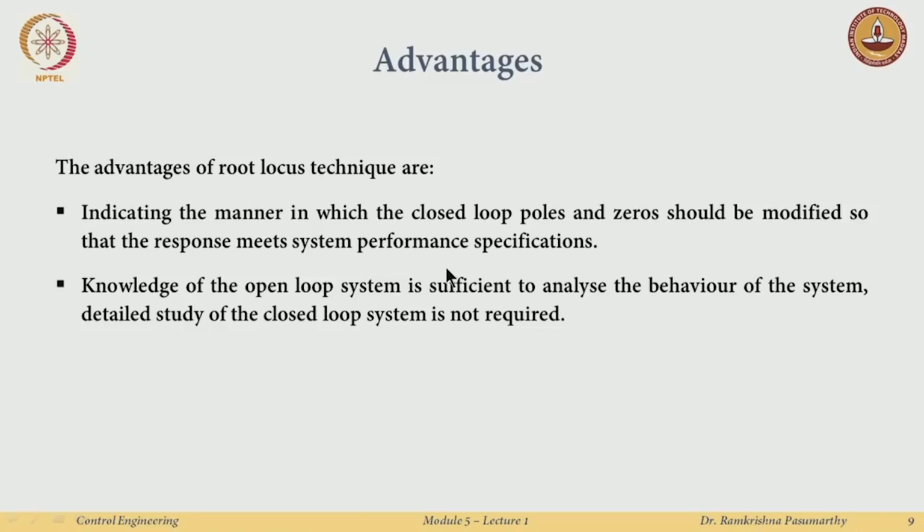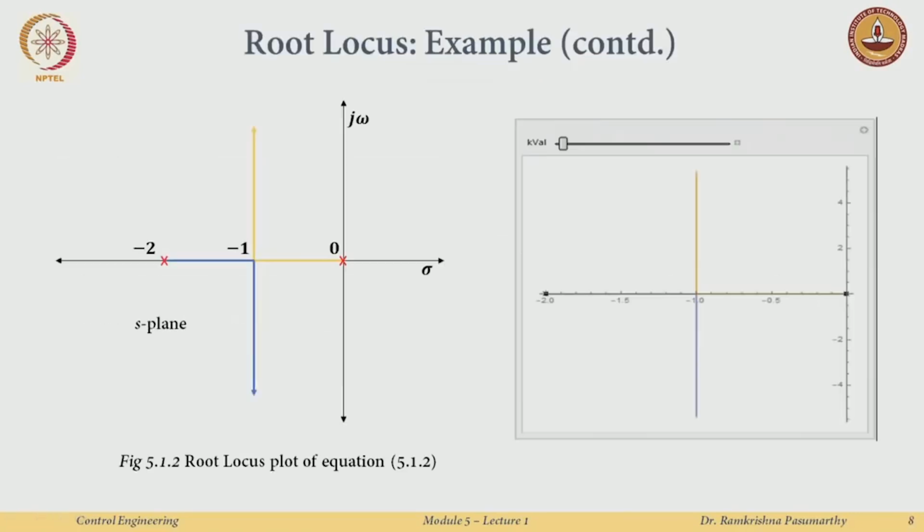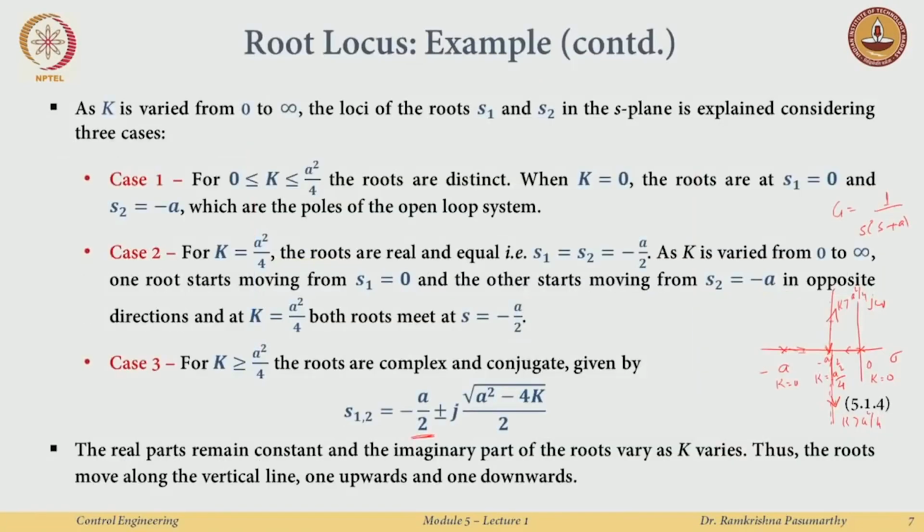So, there could be some zeta and omega n which would be satisfied by k equal to a square by 4 plus 1, then I would know exactly where the roots are, maybe somewhere here and somewhere here, and then I would exactly know what the value of k should be such that my closed loop poles satisfy some desired specifications or some desired performance criteria.